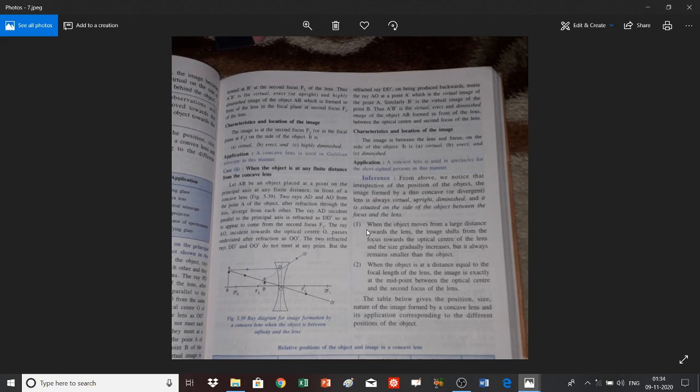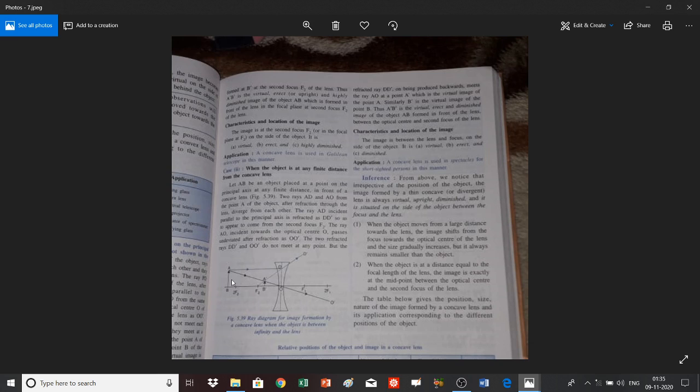Another point is here: when the object moves from a large distance towards the lens. See here, in the first case, the object was at a very far distance, and in this case it is moving towards the lens. So the image shifts from the focus towards the optical center of the lens, and the size gradually increases, but it always remains smaller than the object.